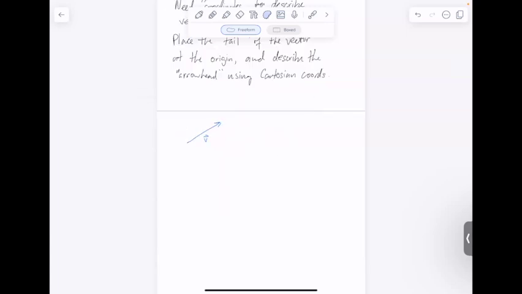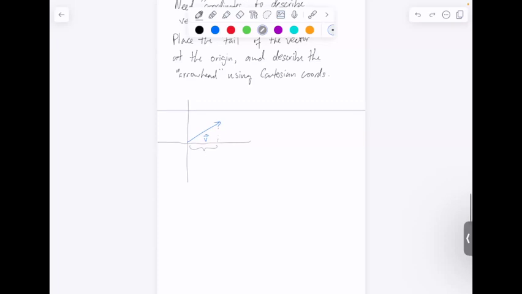So for example, take our vector v again. Our vector v is here. Then in 2D, I would use the coordinates here, and I would describe this. Let's say v has length v1 in the x direction, and then it has length v2 in the y direction. Then in R2 it is a two-dimensional vector.